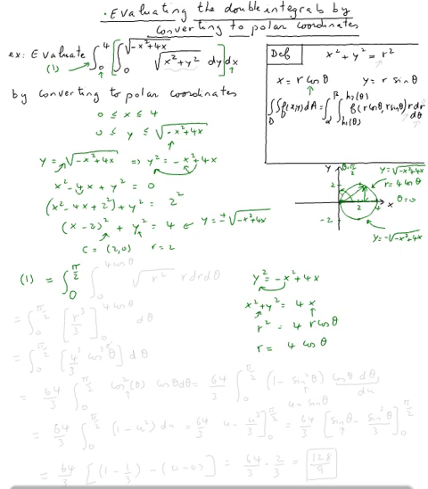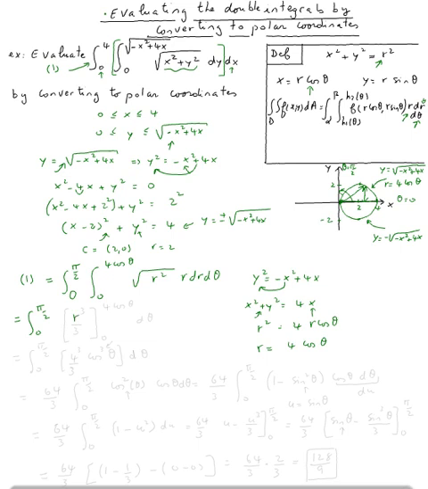So r will go from 0 to 4 cosine theta, and that's the square root of x squared plus y squared. Again, it's r squared. And don't forget, these are r dr d theta. So r dr d theta, which is equal to, r times r is r squared.